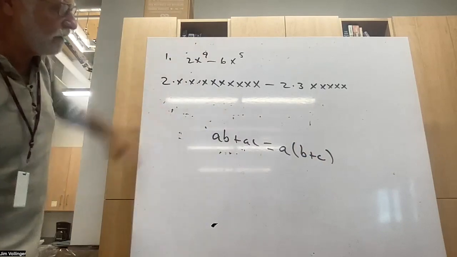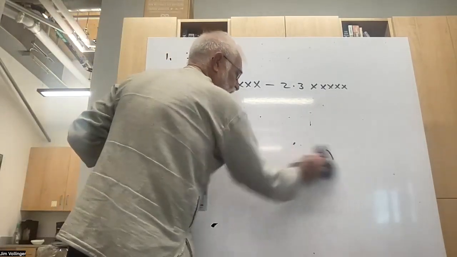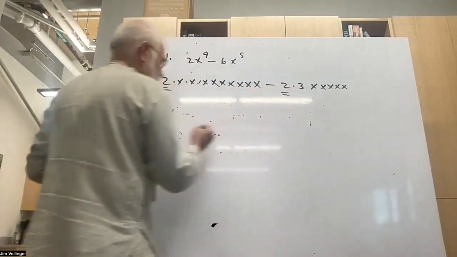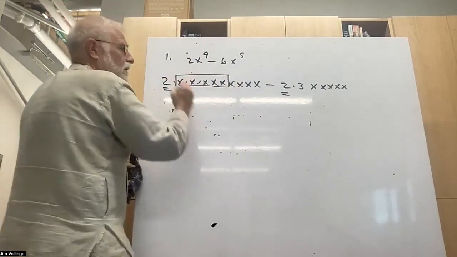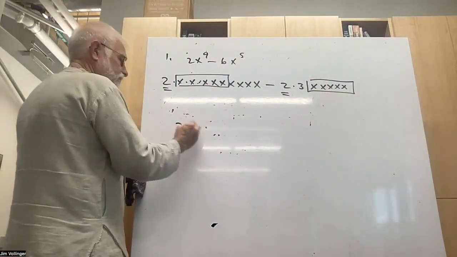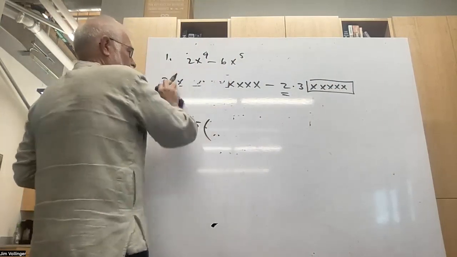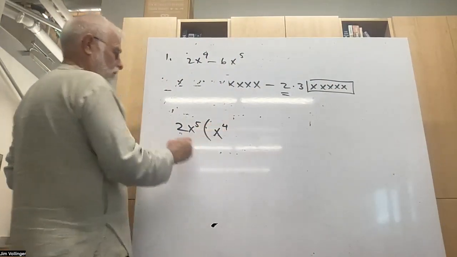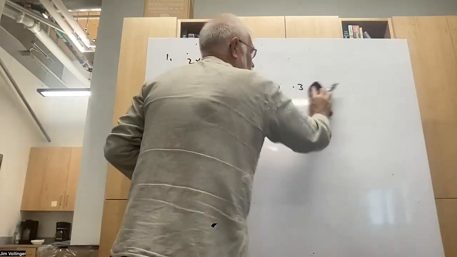And that's what we're doing here. And that's the first rule of writing products. Take out what's common. I see a 2. I see a 2. We'll take a 2 out. I see 5 of them. I see 5 of them. We'll take that out. And now we'll have to take out the, oh, what's left? Oh, there's 4 of them left. Oh, well, that actually looks good. What's left over here if I take the 2? Oh, just a 3.